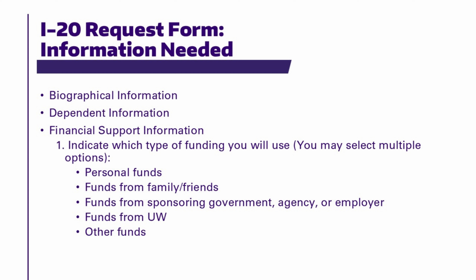In addition, you will need to submit your biographical information, specify if you are including any dependents, and provide information on your financial support. Possible proof of finances may include personal funds, funds from family or friends, funds from sponsoring government, agency, or employer, funds from UW, or other funds.